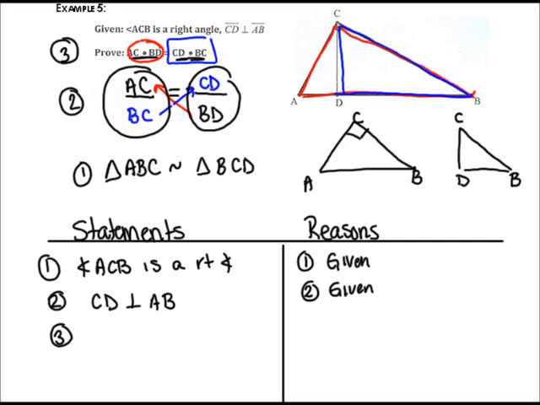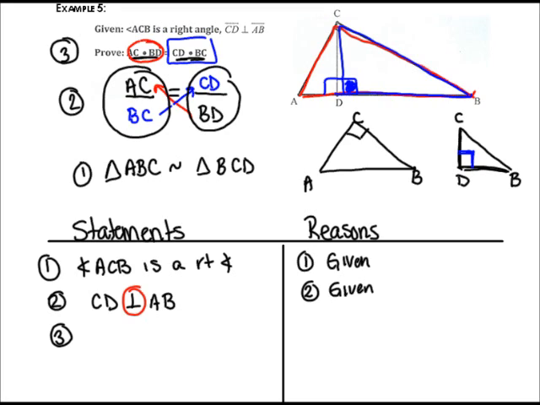Well, knowing we have perpendicular here, that CD is perpendicular to AB, remember that perpendicular lines imply right angles. If CD is in fact perpendicular to AB, we can see from our big picture that we would have a pair of right angles. And the right angle that would be most important to us is this right angle here at CDB, because that's part of the triangle we're trying to prove is similar.